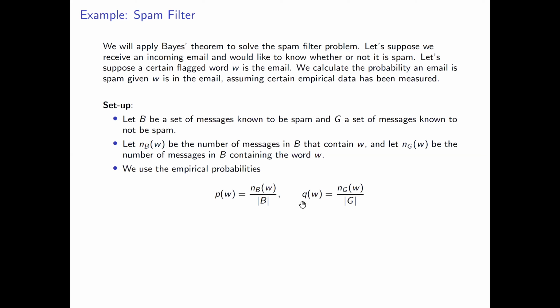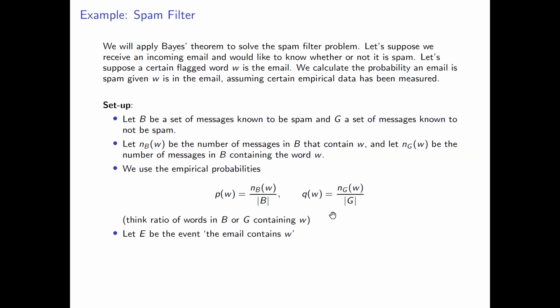Then I'll define Q of W to be n sub G of W divided by the cardinality of G, the fraction of good messages in which W appears. You want to think of this as the ratio of messages in B or G that contain W. More precisely, it's messages that contain W, but that's the main idea.